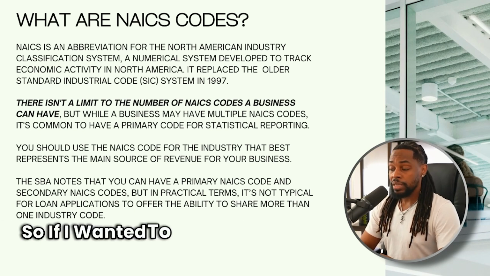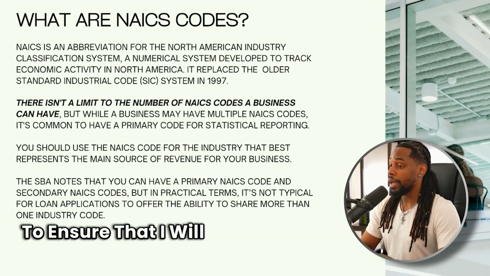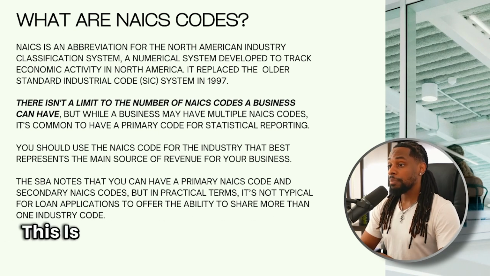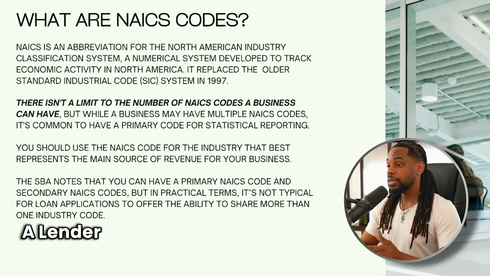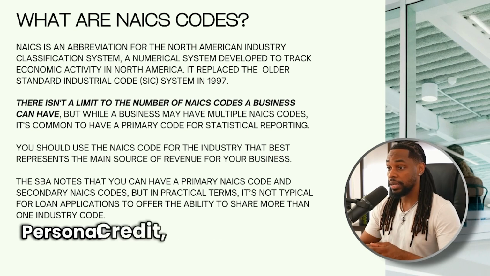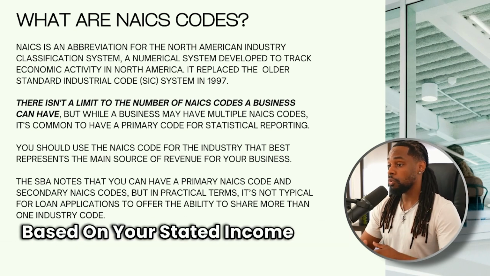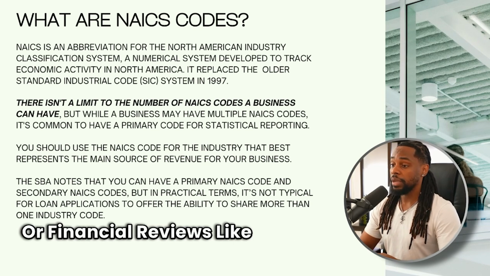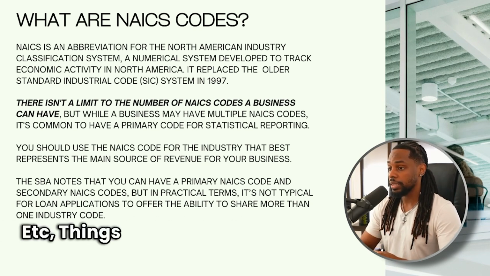So if I wanted to make money off a business by loaning money, I need to ensure that I will actually get paid back. This is why personal guarantees from the business owners are requested. A lender needs to evaluate your willingness to pay, which is based on your personal credit, and your ability to pay, which is based on your stated income or financial reviews like bank statements, tax returns, paycheck stubs, things like that.